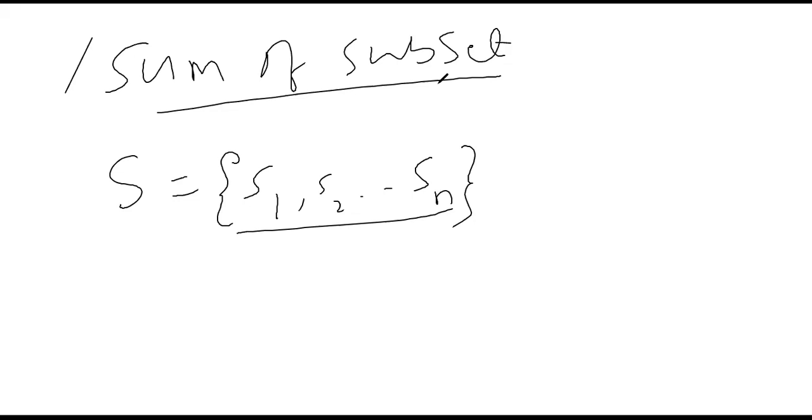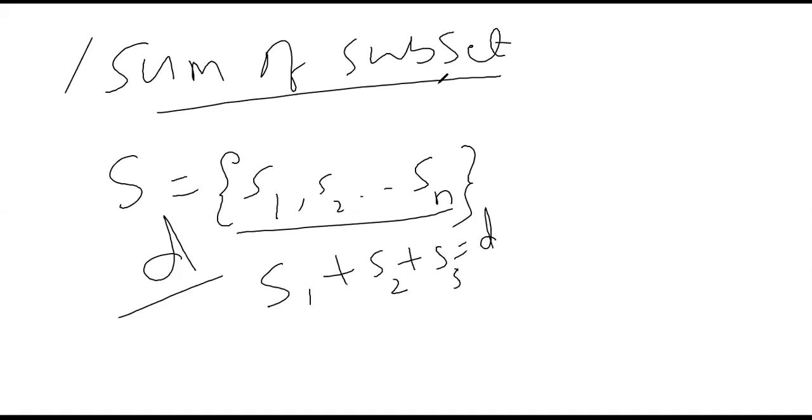Given a set of n positive integers, we need to find a subset whose sum is equal to a given positive integer d. For example, we need to find a subset, say S1 plus S2 plus S3 should be equal to d, such that the sum of the subset is equal to the given positive integer d.